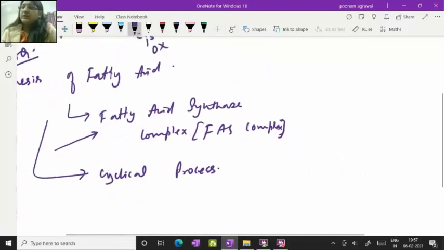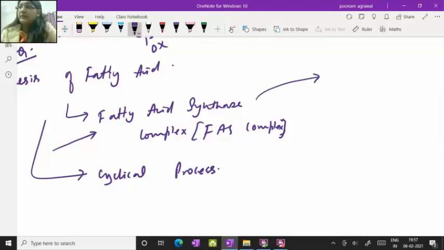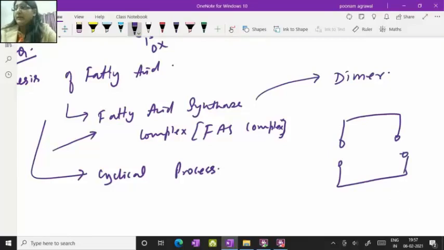FAS complex is a cytosolic enzyme complex having 2 units of enzyme. So it's a dimer, and the 2 units of enzyme are arranged in an anti-parallel fashion. This is the first unit of enzyme, the second unit of enzyme. You need to know there are 7 catalytic domains on each of these units of the FAS complex.